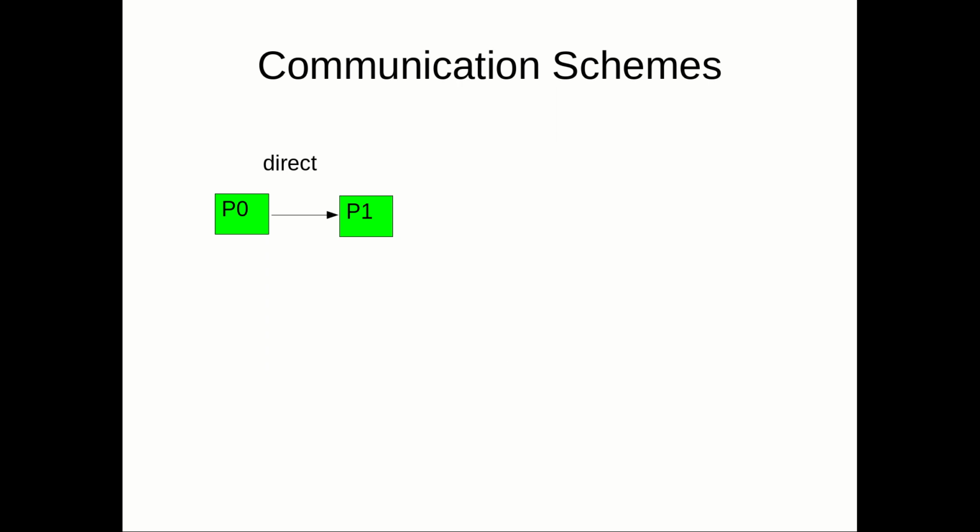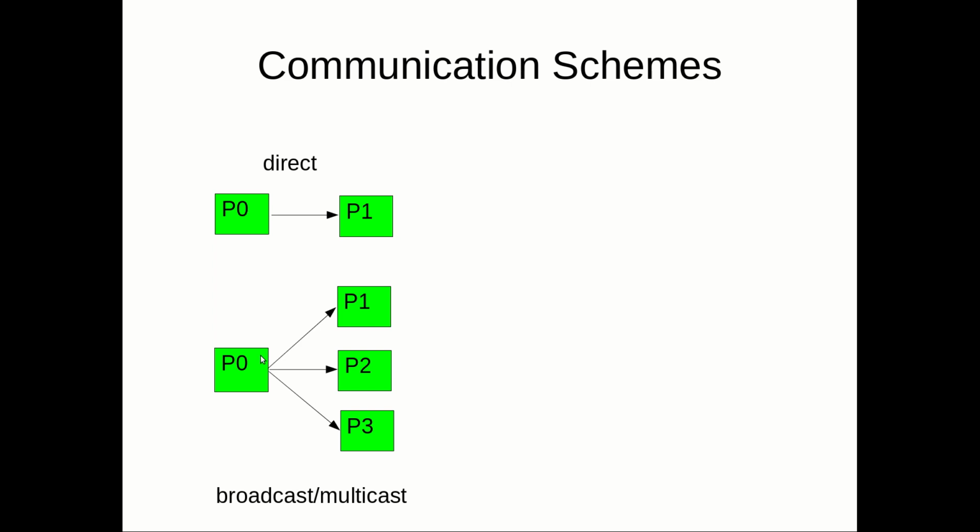Now, considering some communication schemes between processes or between nodes, there's one communication scheme we call direct communication. Then there's another that we call broadcast. Here one processor or one node distributes or broadcasts its data to all other nodes. A typical example is that process number 0 parses the multiple sequence alignment and then broadcasts the sites on which the other processors should work to those processors.